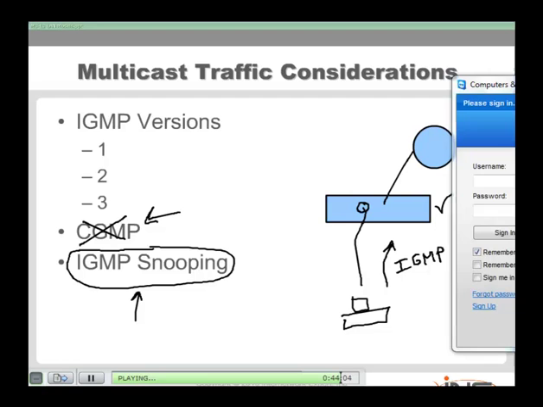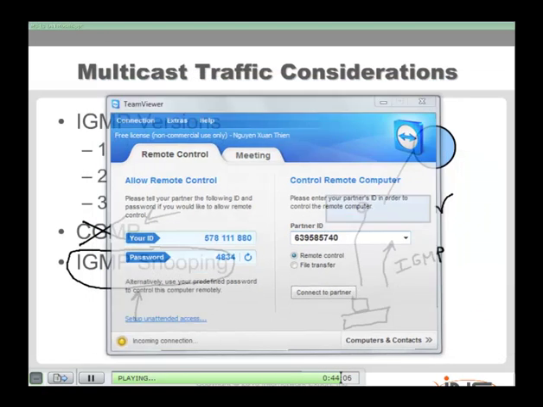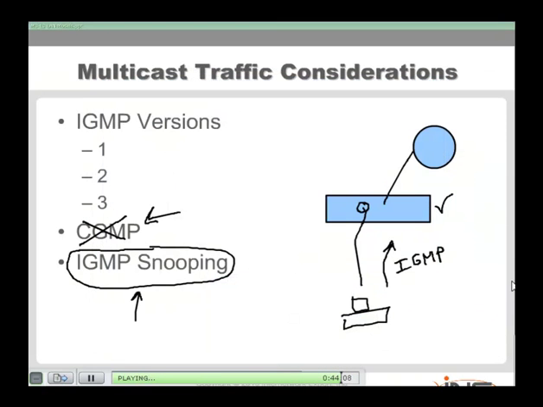So thanks to IGMP snooping, the switch will eavesdrop on the IGMP messages, figure out what ports are appropriate for what multicast groups, and then intelligently filter this information.